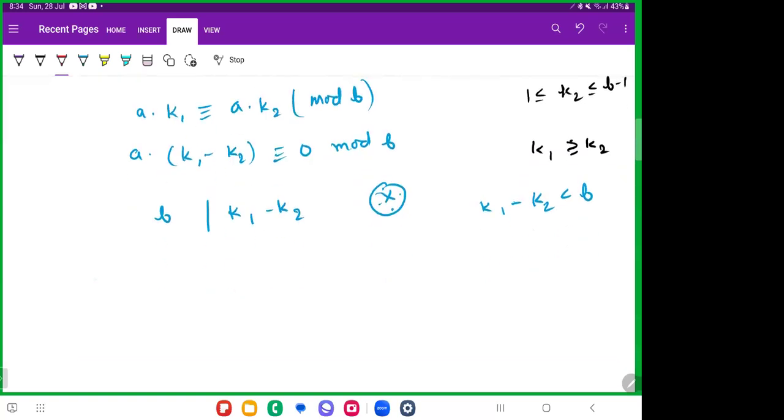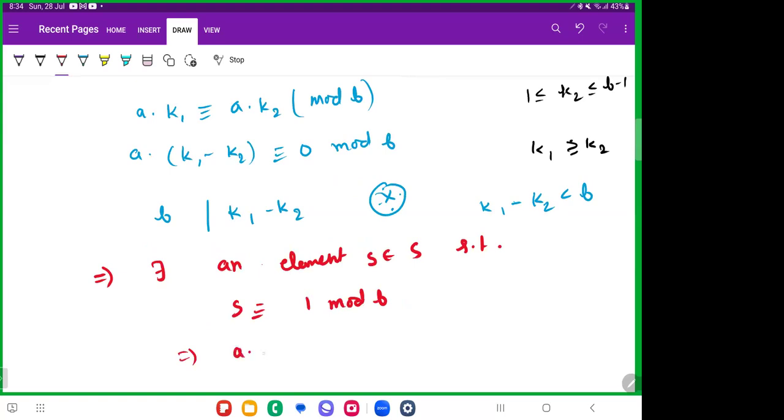So this implies there exists an element s belonging to S such that s is congruent to 1 mod b. That means s is of the form a dot k congruent to 1 mod b. This implies a dot k is equal to 1 plus by. This implies ak minus by equals 1.